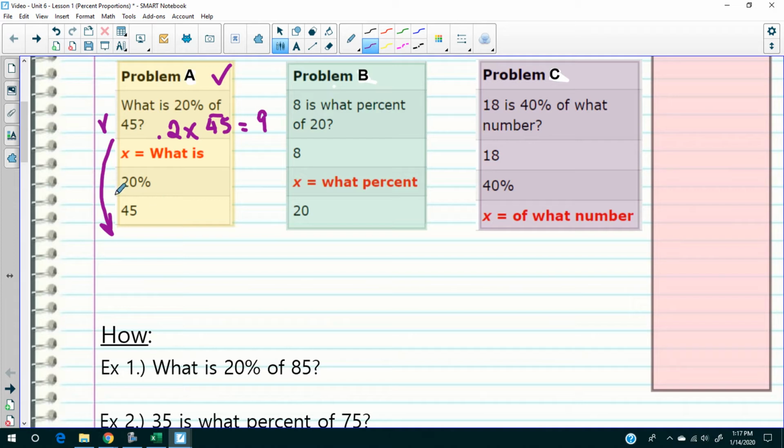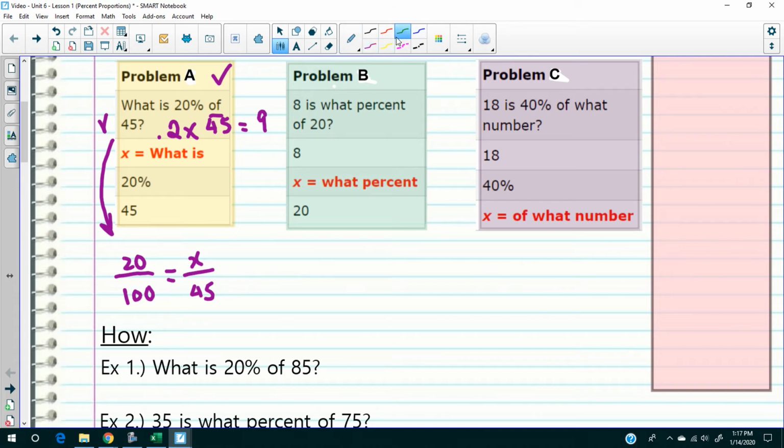So once again, I'm going to set up the proportion. So again, what is 20% out of 45? And you realize if you cross multiply, remember that?